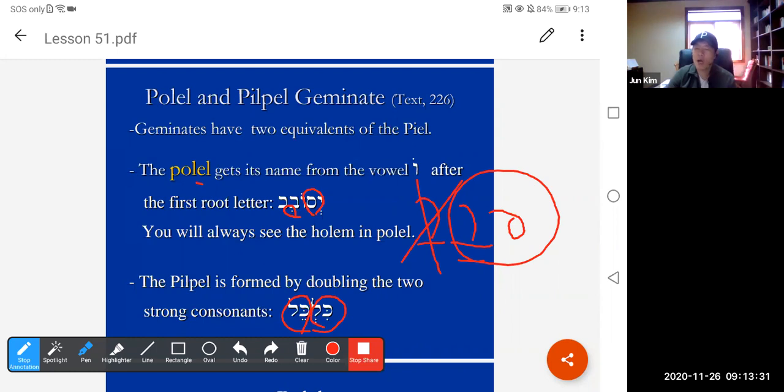The most important characteristic or indicator of pilpel is just the doubling of the first and second root letters. It is simply called pilpel, and its function is to intensify the meaning. These things happen for geminate verbs. That's why we are separately dealing with this polel and pilpel, because they are not really applicable to other strong verbs and other weak verbs.